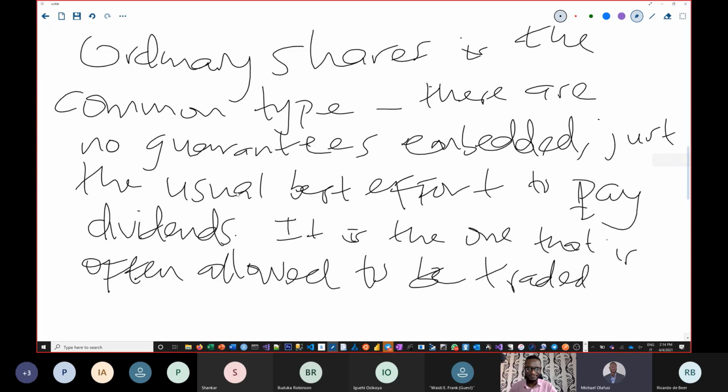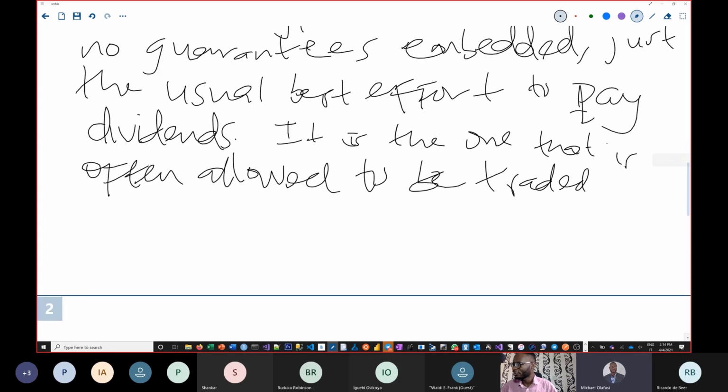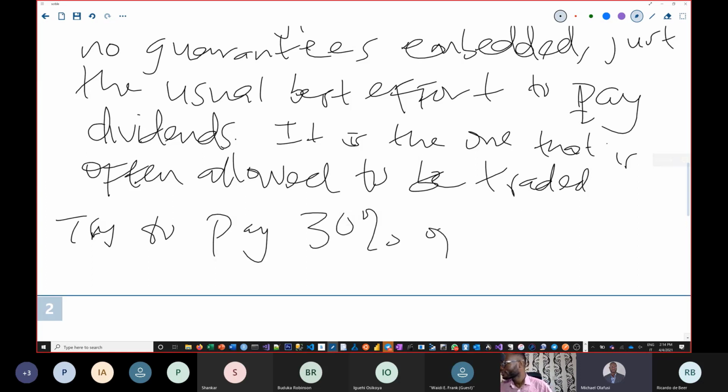So a company can say, as management, we're going to try our best to do a dividend payout rate of 30%, so we are going to try to pay 30% of net income, let's just call it profit after tax, as dividend.